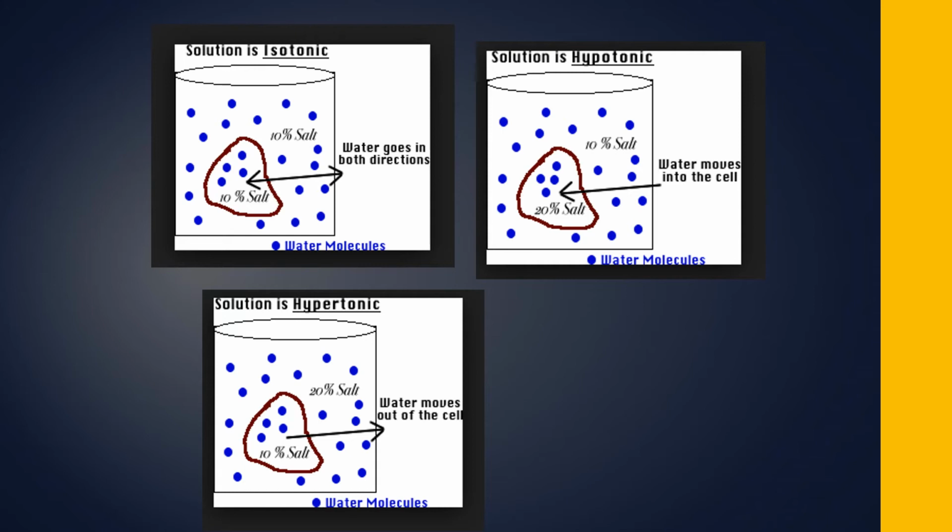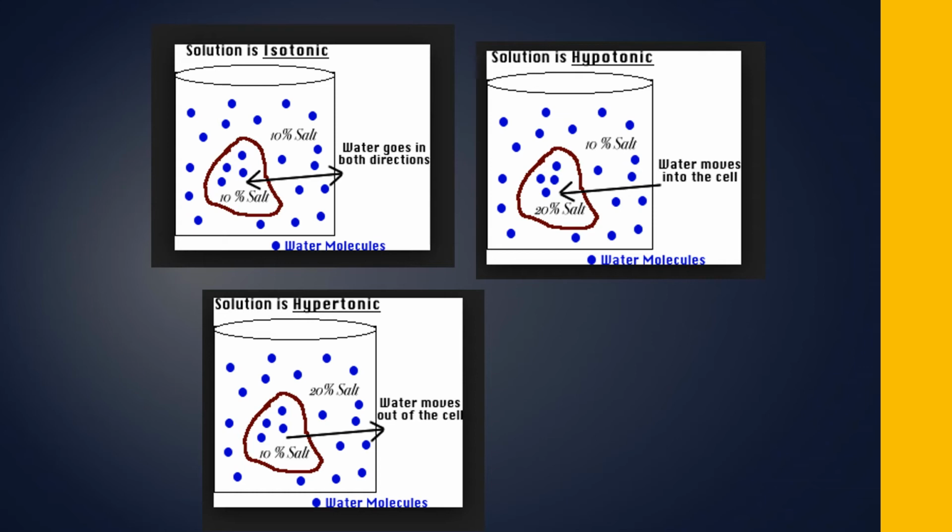Since the amount of the solute and the amount of the solvent are equal, water therefore goes in both directions. While if the solution is in a hypotonic state, the amount of solute in the environment is less than the amount of solute in the cell.